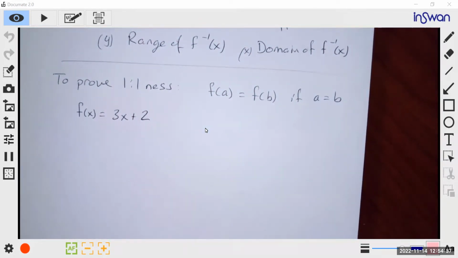This is how we test if something is one-to-one. In other words, if it's one-to-one, that means it also has an inverse.